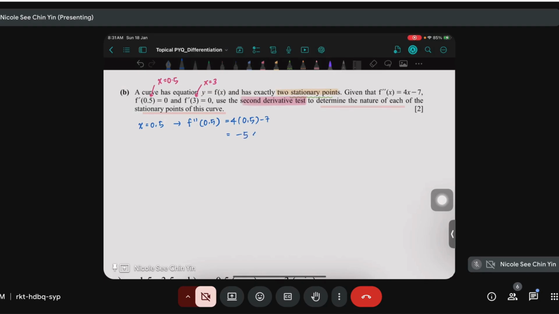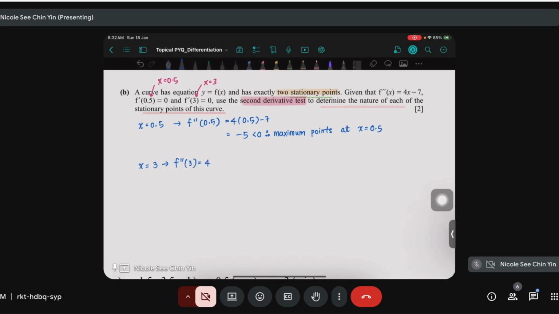So basically, it's less than 0, right? So I can say that this has a maximum point. Okay, maximum point at x equals 0.5. Okay, next one, when my x equals 3, what happened to my second derivative?